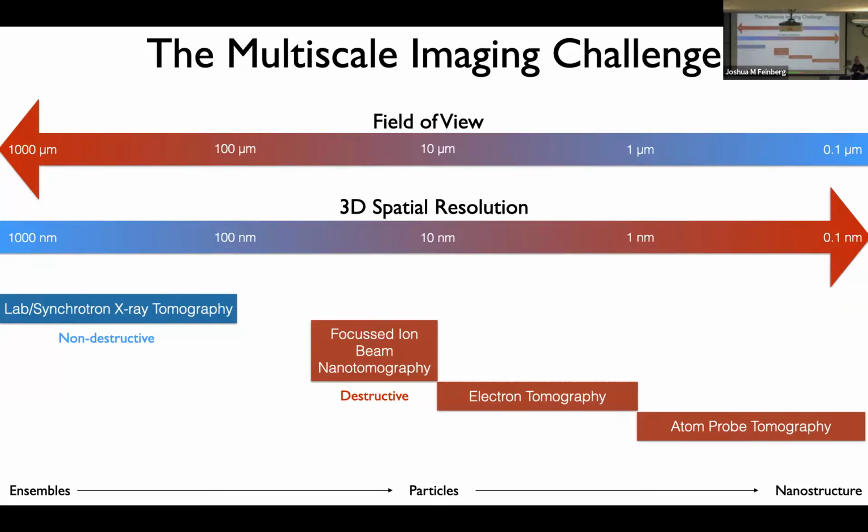There's always a trade-off. And unfortunately for us, we typically live in the gap of capability for 3D imaging somewhere between traditional X-ray CT imaging, where you can do centimeter-sized samples, but with maybe 1 micrometer resolution, or you could do focused ion beam nanotomography, which I'll show you some results of, which has a field of view of tens of microns and resolution of tens of nanometers, which is great, okay, but very limited in field of view.